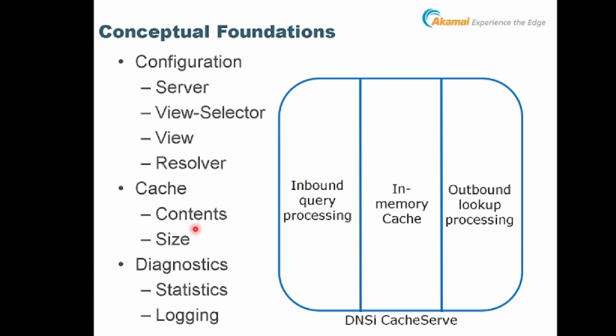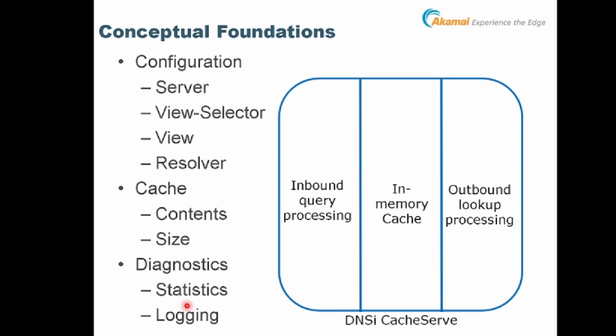We can look into this cache. There are command channel instructions that we can use to go into the cache and locate the information about DNS names that CachEServe has collected. We can look at the size of the cache. We can control the size of the cache.